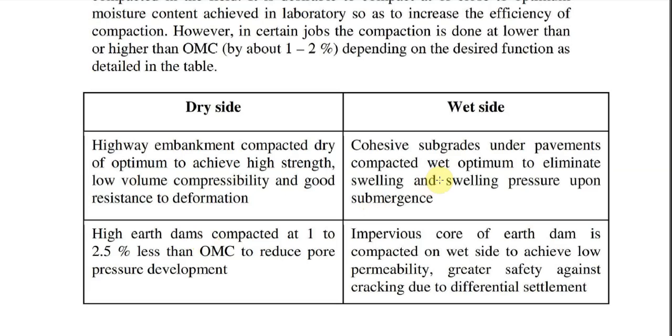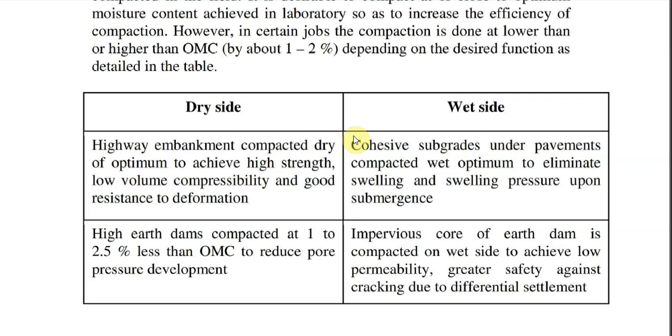So examples of soil being compacted on wet side: cohesive subgrades. Cohesive subgrades meaning if the soil is clay, when you are constructing a road, we have to compact clay soils on the wet side of the optimum because we want to eliminate swelling.